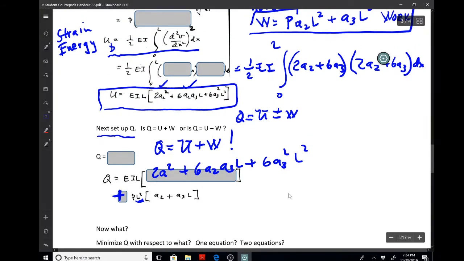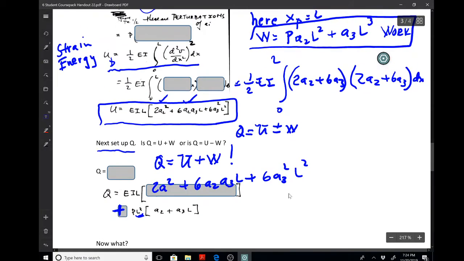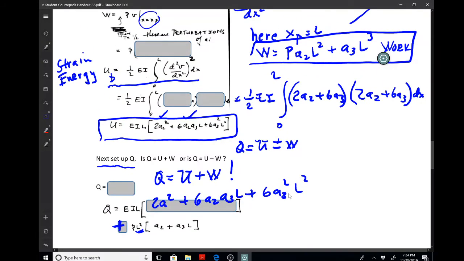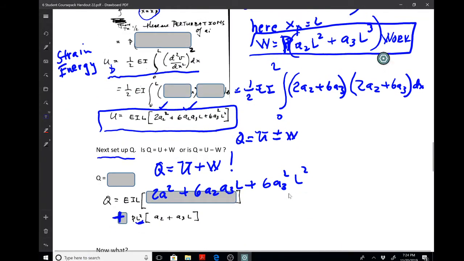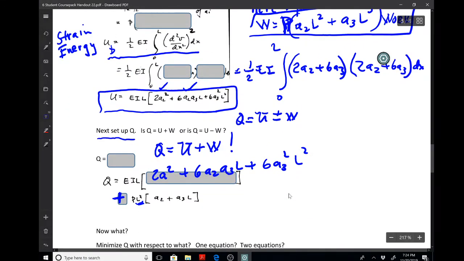P times A2 L squared plus, I think I had a mistake in here. P, here, I lost a parenthesis here, sorry. So it's P times the displacement at L, okay? All right, so P times L squared times A2 plus A3L. So we have an L cubed, and an L squared.